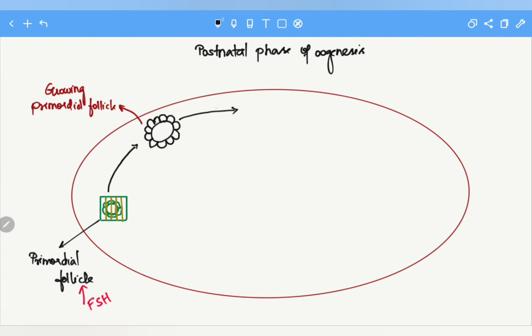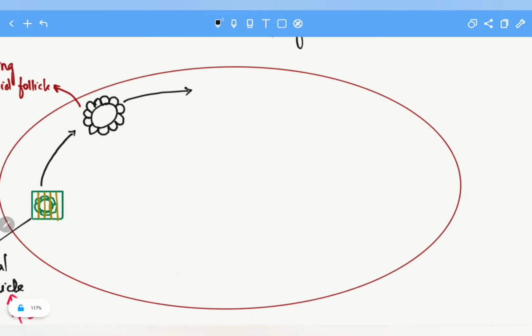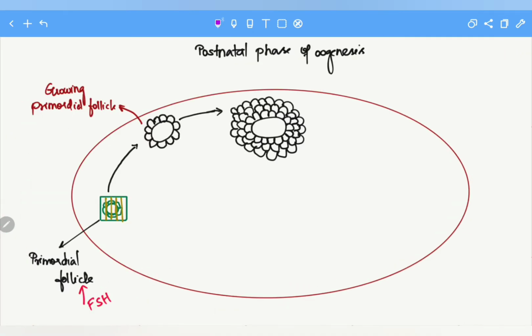What happens in the next stage is that the cuboidal cells surrounding the primary oocyte start proliferating, as a sign of the next stage of the growing primordial follicle. They keep on proliferating.